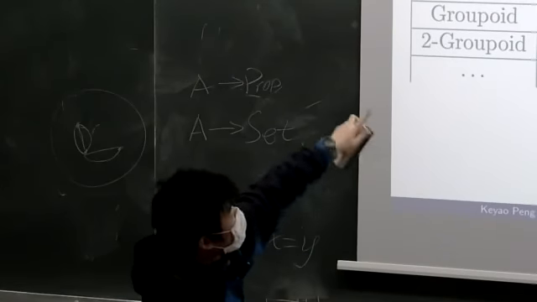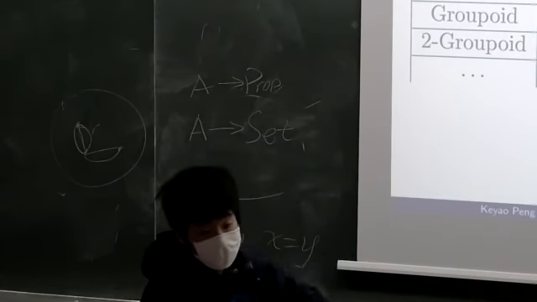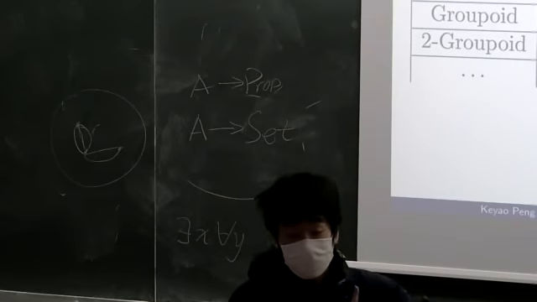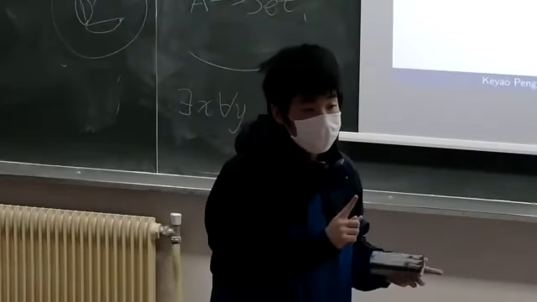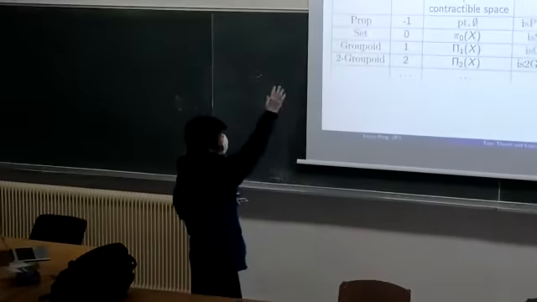And we come to groupoid. If A to groupoid is classified with all fibers groupoid, maybe this is a stack. So stack is something whose fiber is a groupoid. This is a very interesting thing.